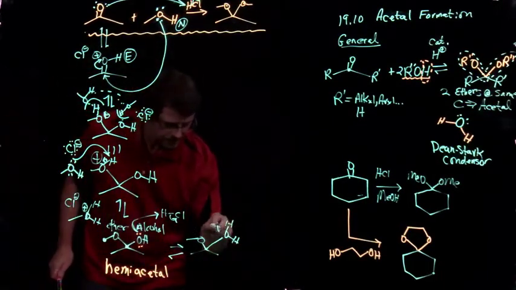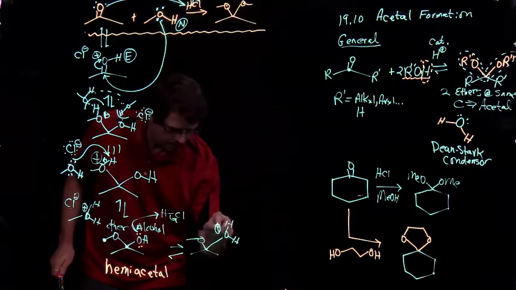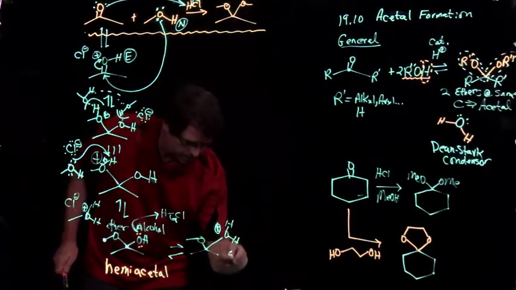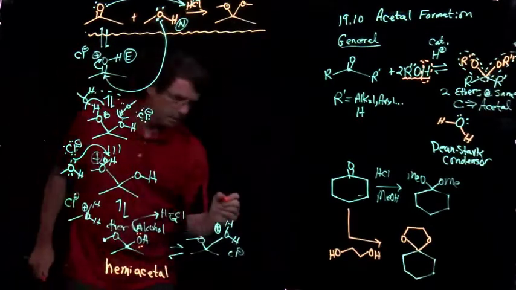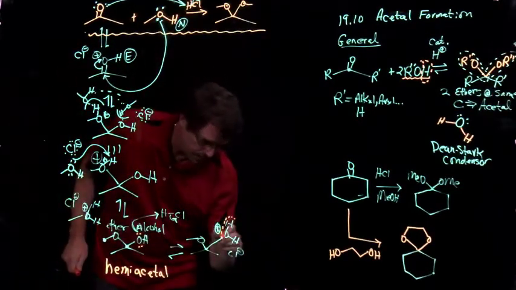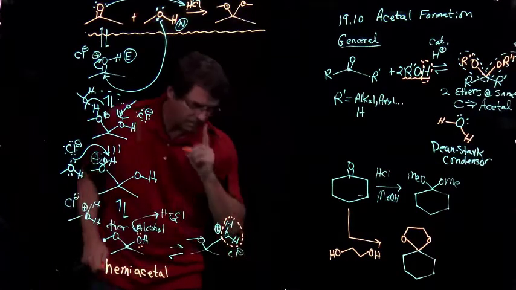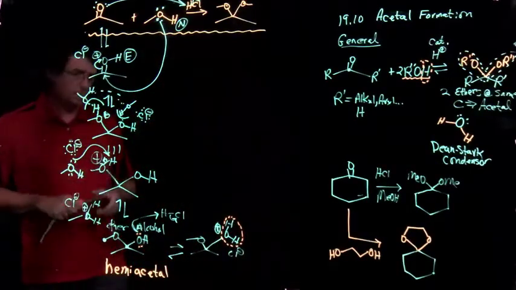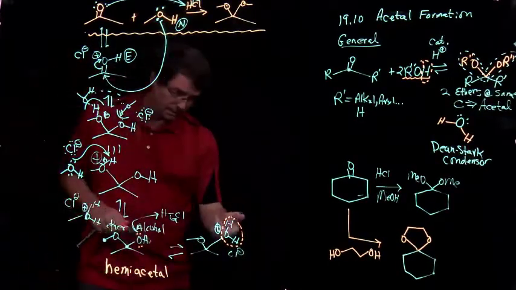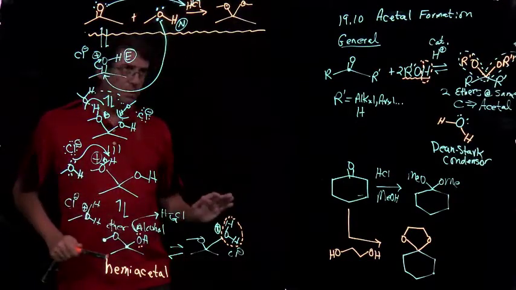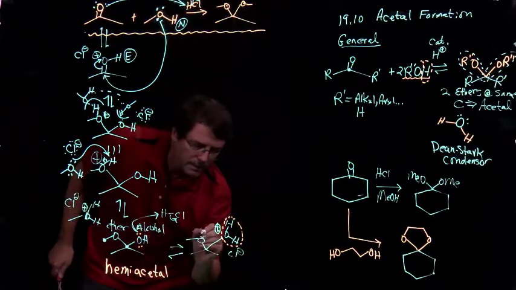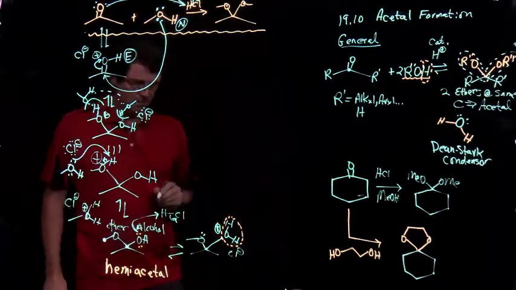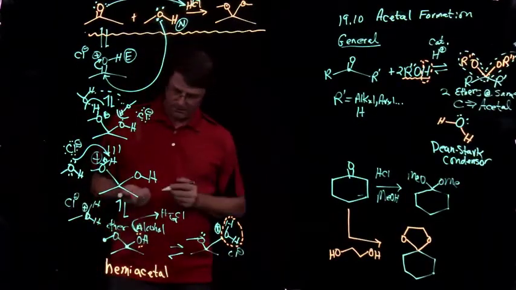Let's get the charges. First the atoms, and then the charges to balance things. Now, again, what you note is we've converted a hydroxyl group, which is a poor leaving group, into a protonated alcohol, which contains a water molecule, a good leaving group. And so we now have an intramolecular nucleophile electrophile reaction.